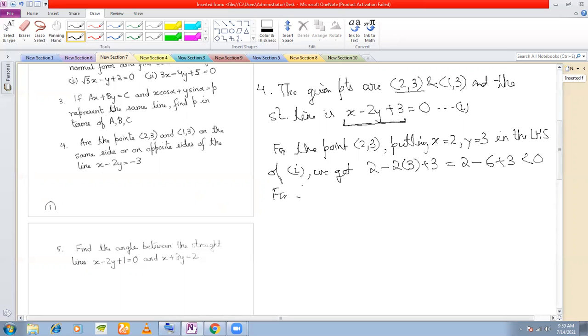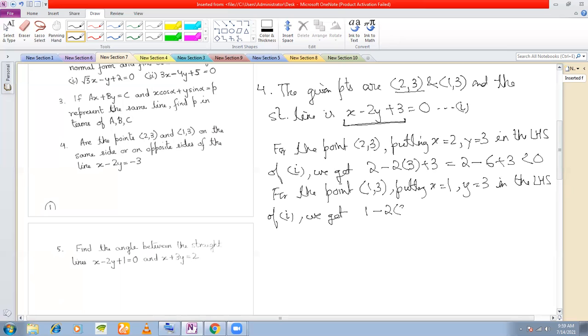For the point 1, 3, putting x is equal to 1 and y is equal to 3 in the LHS of 1, we get 1 minus 2 into 3 plus 3, which is 1 minus 6 plus 3.